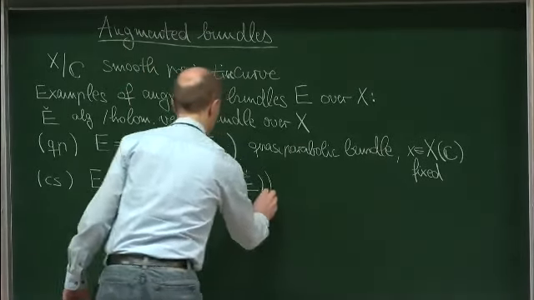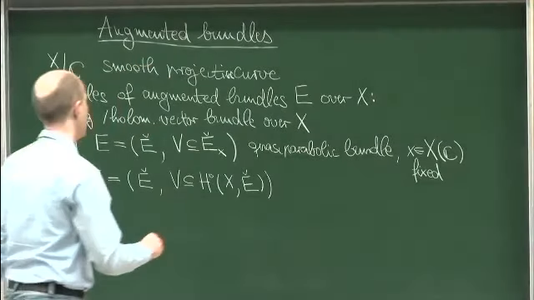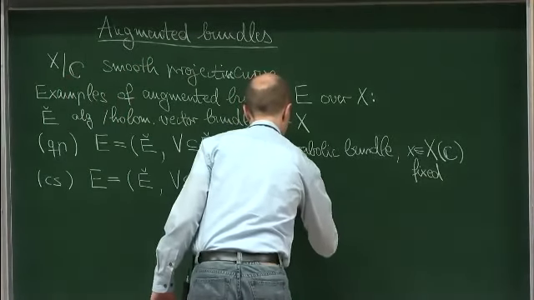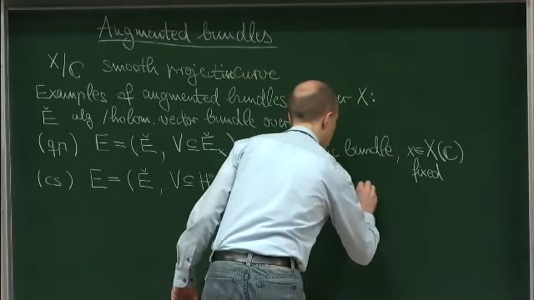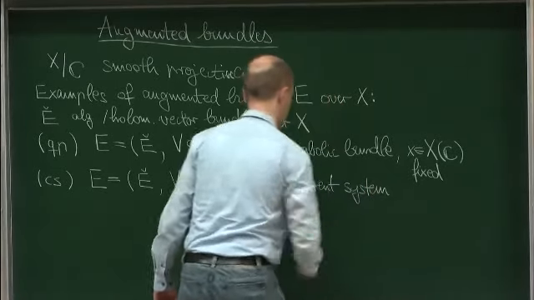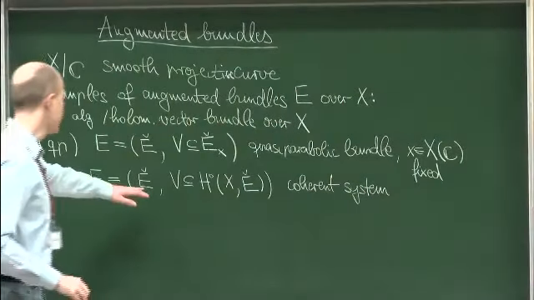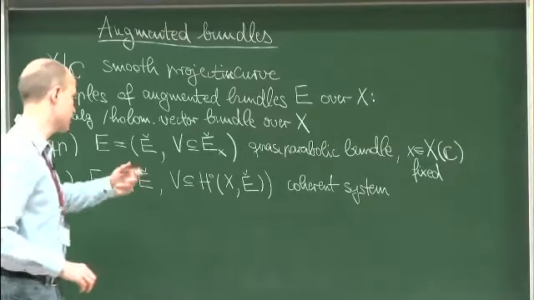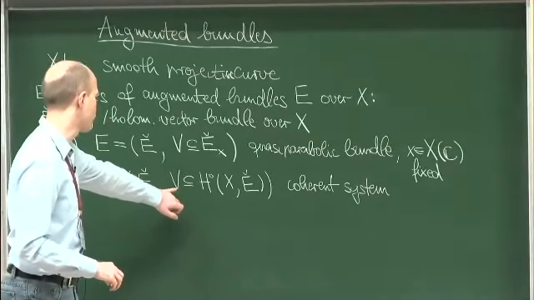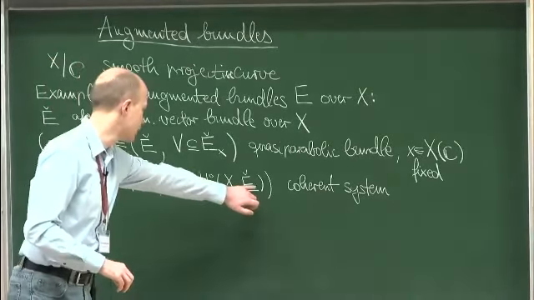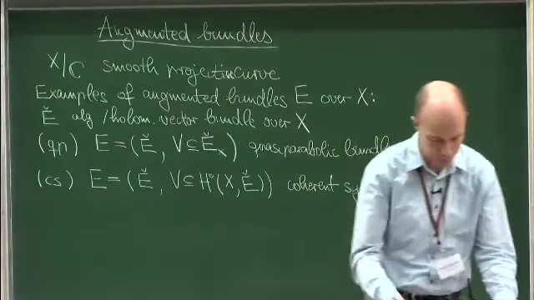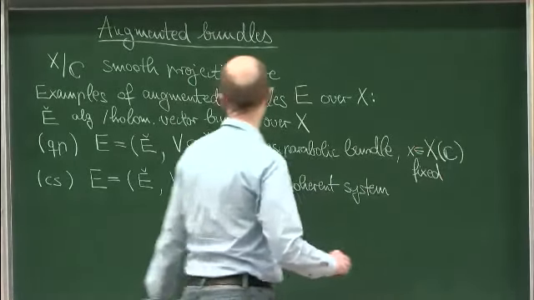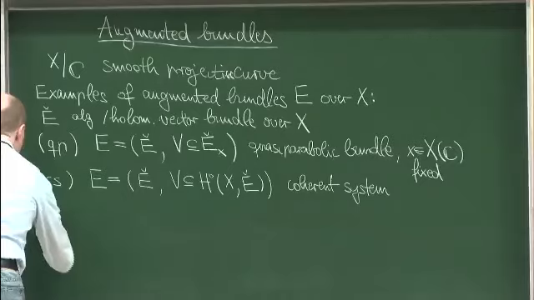So such a pair is called a coherent system. That's an underlying vector bundle augmented, so endowed with the extra structure of a vector subspace in its complex vector space of global sections.